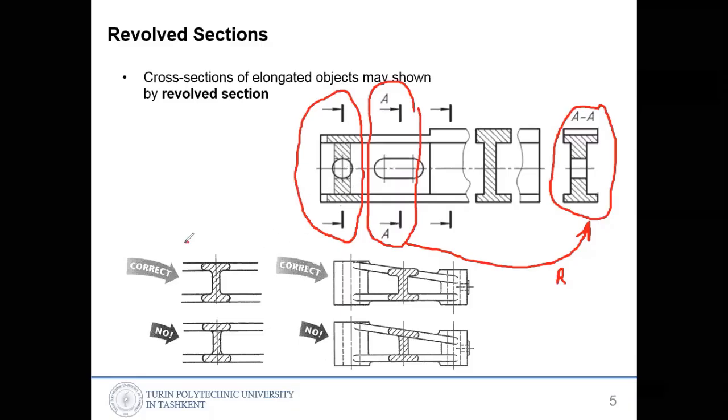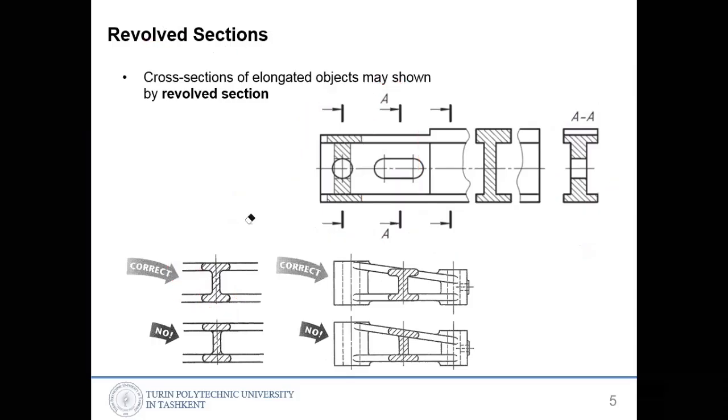So you're cutting here with AA or any section, and then you're revolving it, rotating it 90 degrees. What you see, you draw it here. That is called revolved section. So we are revolving. There is a difference.